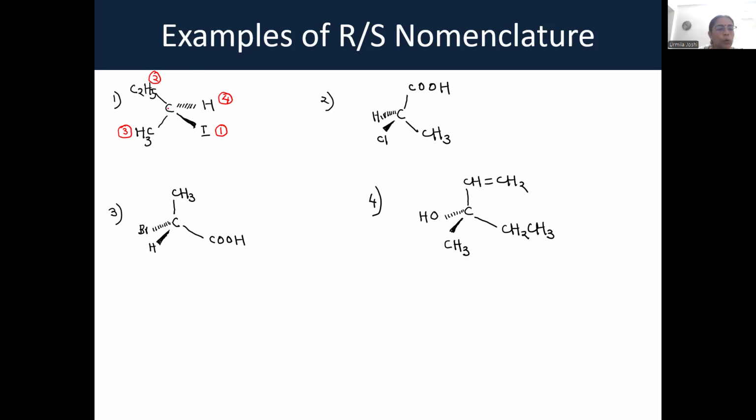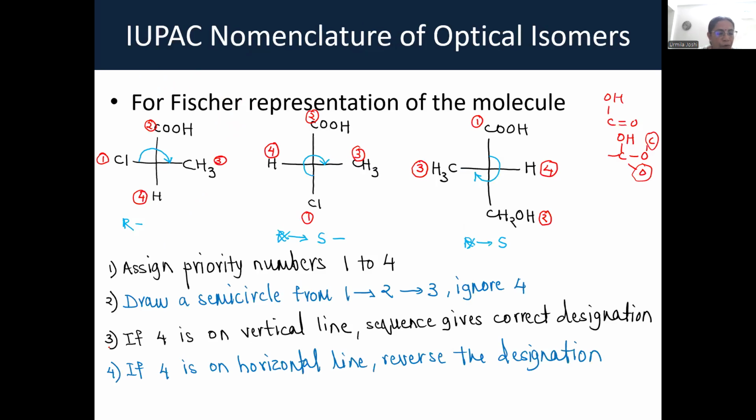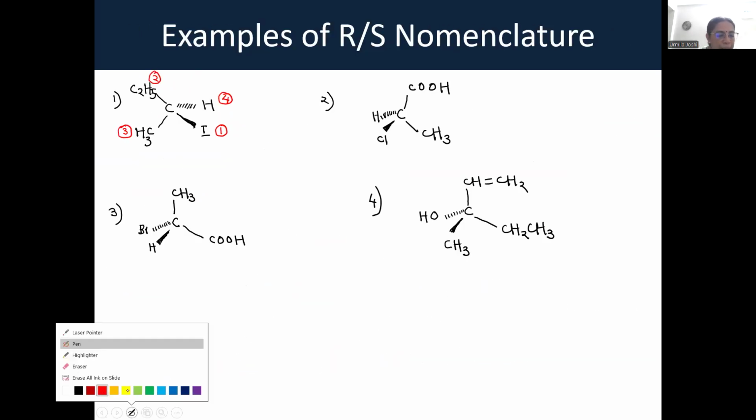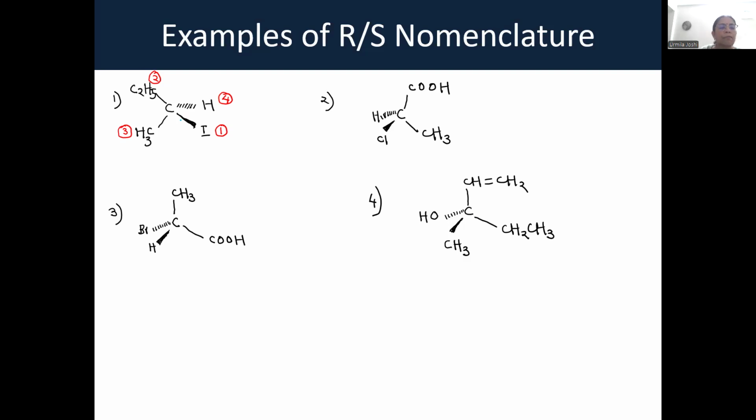Okay, so you need not do anything apart from assigning the priority numbers. What you do is trace a semicircle going from 1 to 2 to 3. Now this is anti-clockwise, so it is going to be S. Nomenclature will be 2-iodobutane, correct?